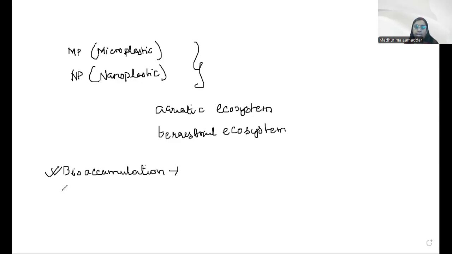And also there is biomagnification. That means it is increasing in concentration as it moves to the higher level of the food chain, or the higher trophic level of the food chain.